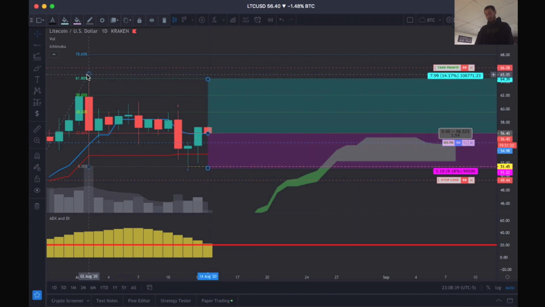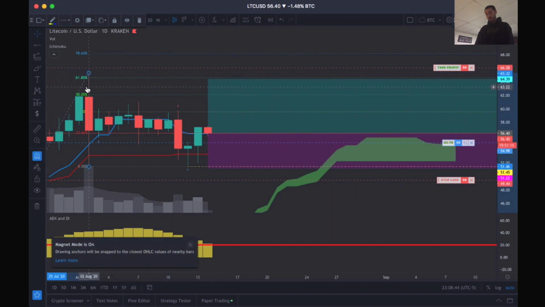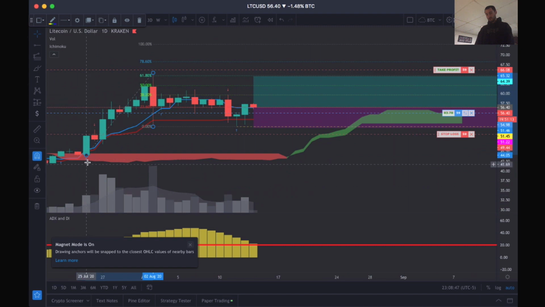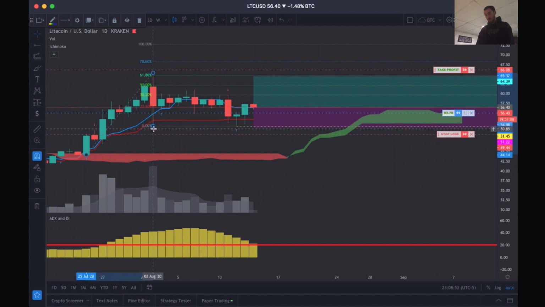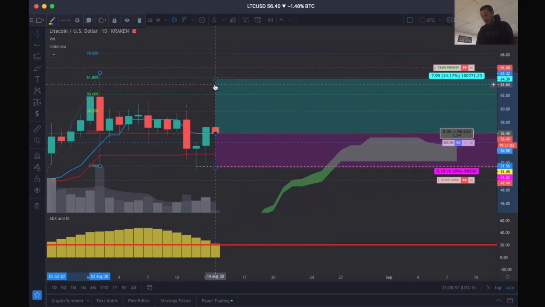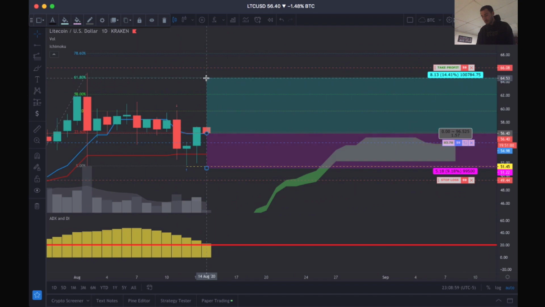And let's say I want to get this really exact. Well, I would turn on this magnet tool, right? And I would grab this, and it would lock up to the exact levels that I want. Okay, there we go. So I did get a little bit of wiggle room on that, and it moved it up just a little bit like that.